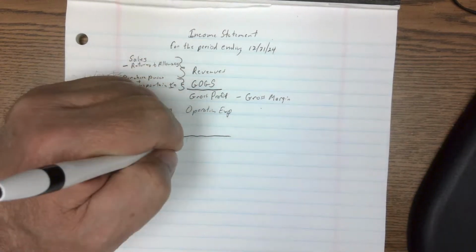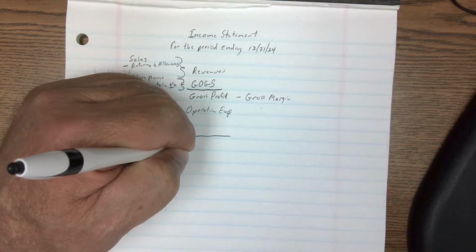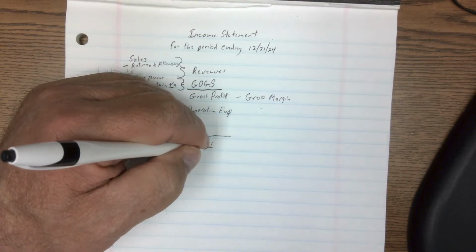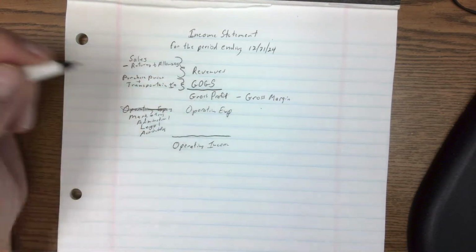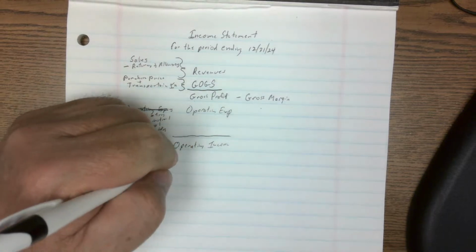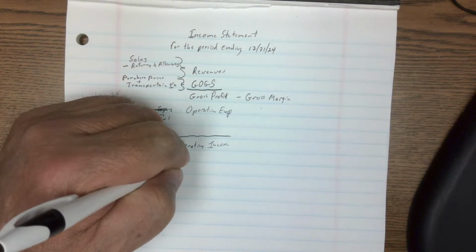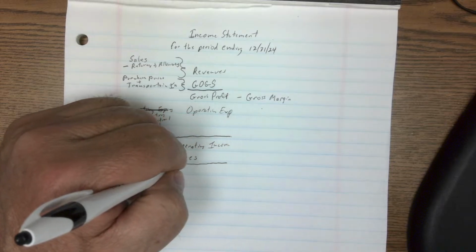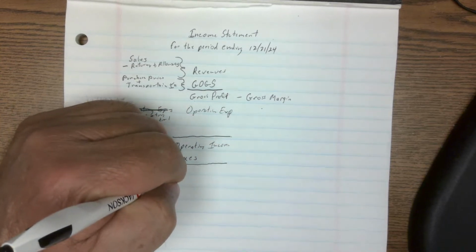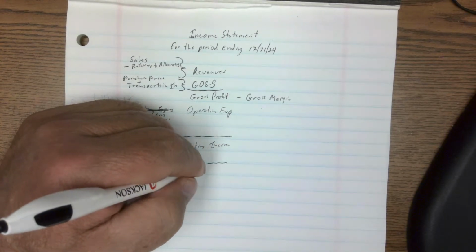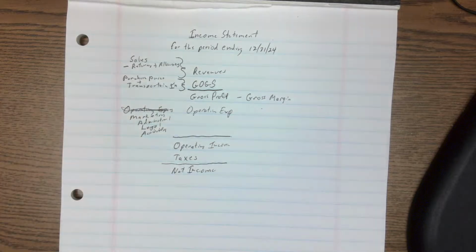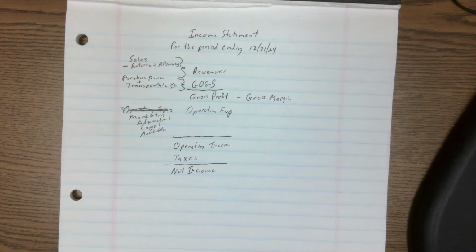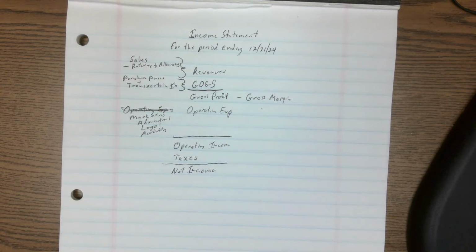Subtract that off and you get your operating income. Then you will take your taxes and that will give you your net income. Okay. So that's basically the income statement.